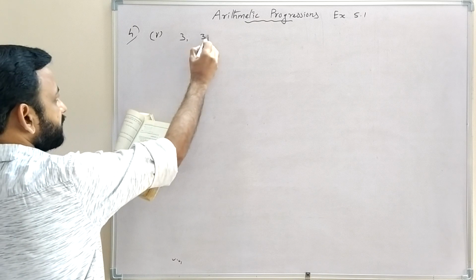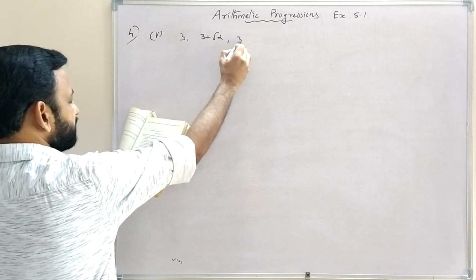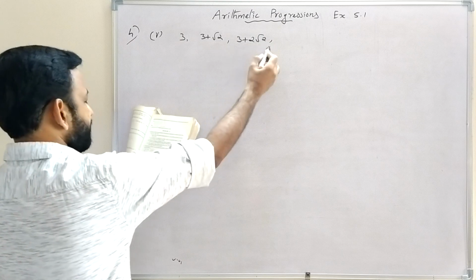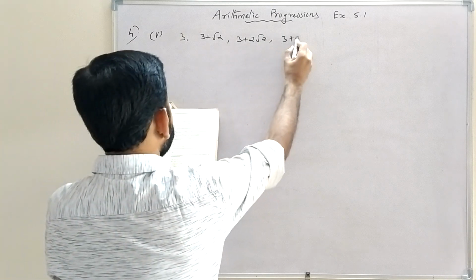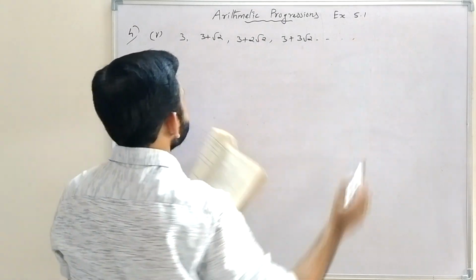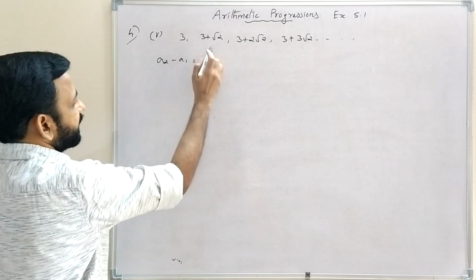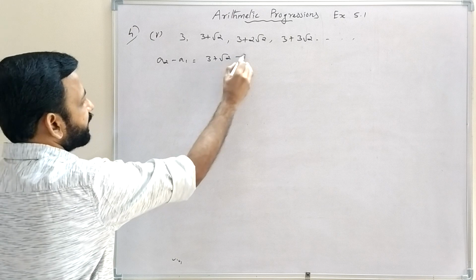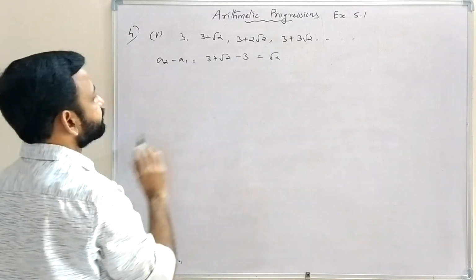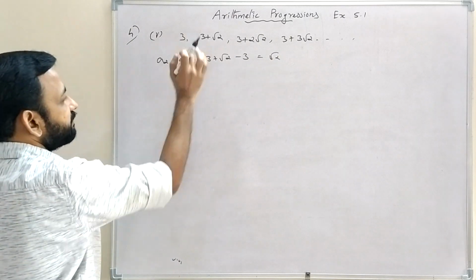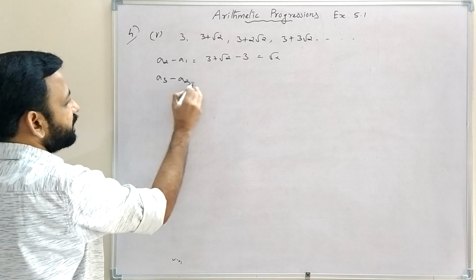3, 3 plus root 2, then 3 plus 2 root 2, then 3 plus 3 root 2, etc. And here A2 minus A1, that is 3 plus root 2 minus 3. Then A3 minus A2.